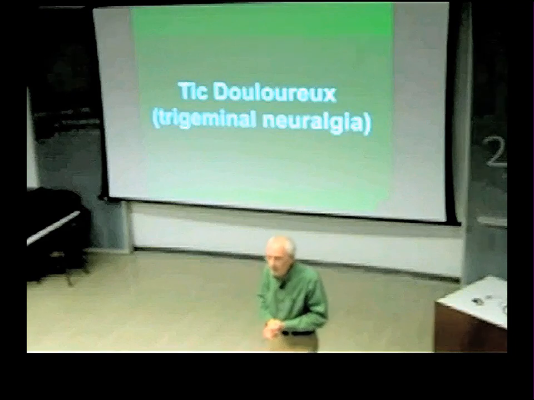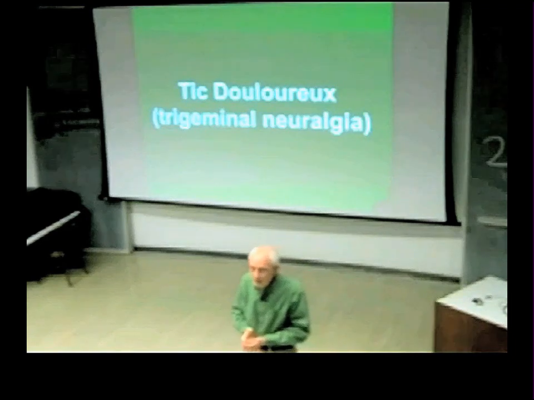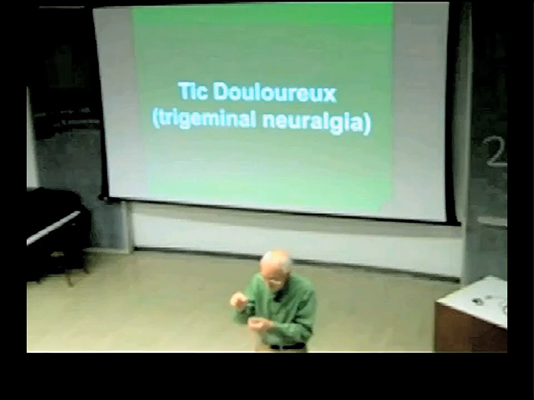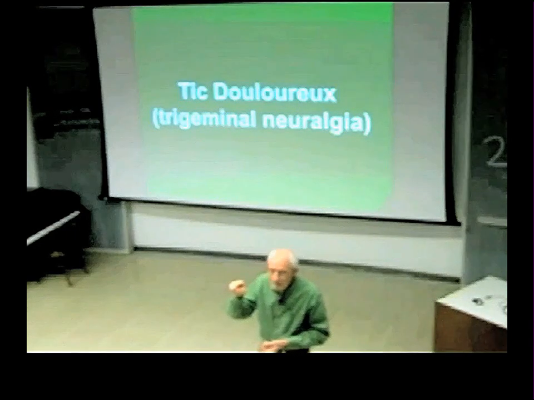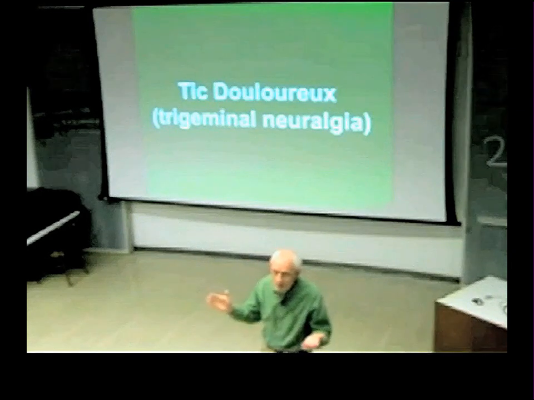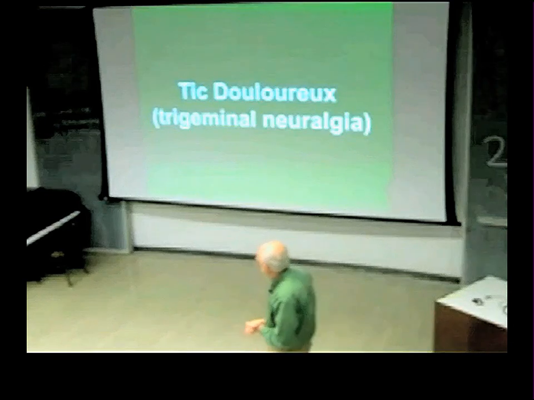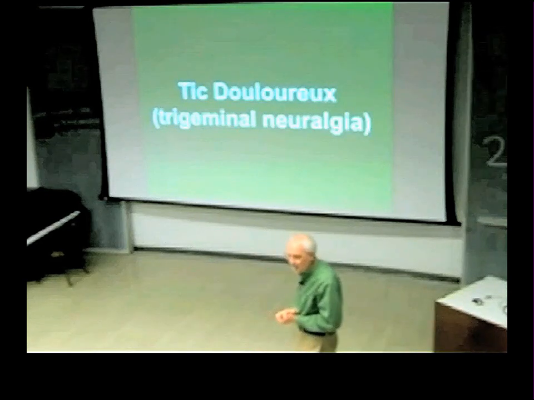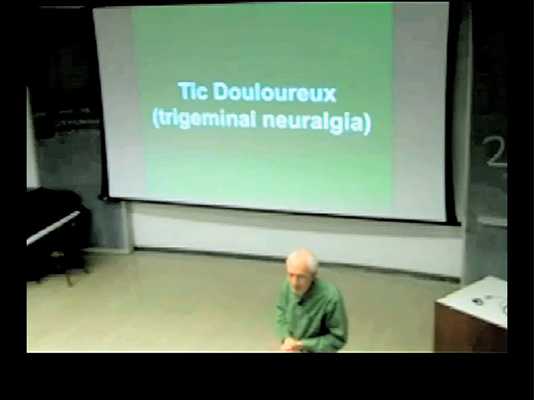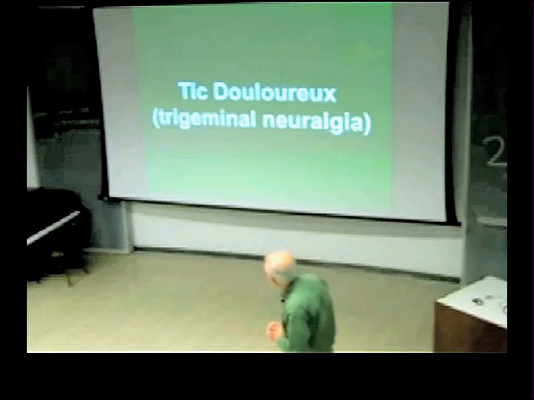If it cannot be treated successfully medically, it has been successfully treated by going in surgically and putting a little cotton wedge between this pulsating blood vessel and the division on which it's beating, and that seems to resolve the problem. The neurosurgeons and the neurologists tend to take different views on this. The neurosurgeons believe that's how you should treat it, and the neurologists tend to believe you should treat it with medications.